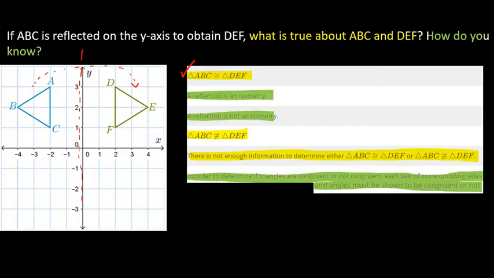Well, the last one clearly doesn't, right? It's a true statement that in order to determine if triangles are congruent or not, we have to show corresponding sides and angles are congruent or not. That's a true statement, but it doesn't apply here because that's not what we're doing in this example. So again, true statement, but not relevant here.